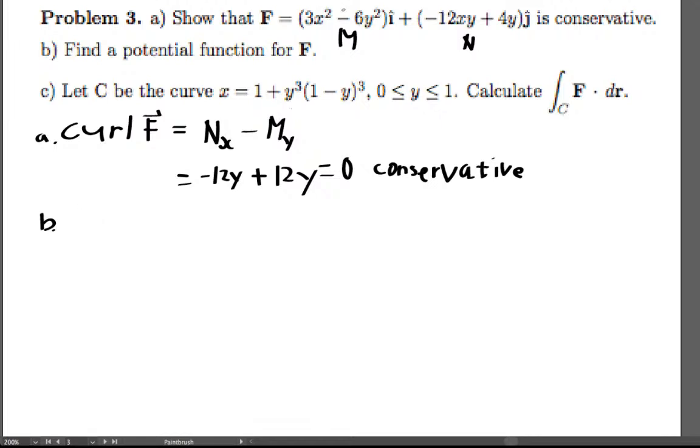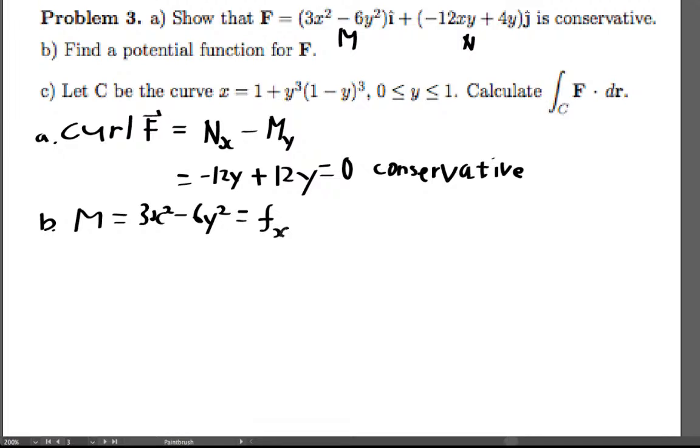Let's just start with M, 3x squared minus 6y squared. You could call this the potential function subscripted with x.